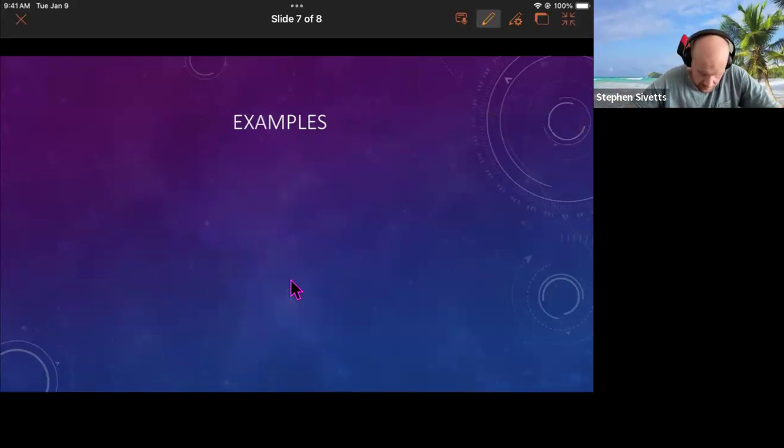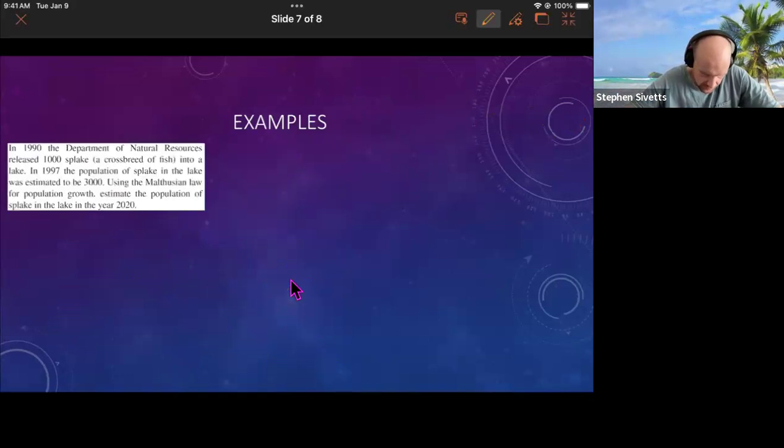So here's another example. I want you to try this out on your own, but in 1990, the Department of Natural Resources released 1,000 splake, a crossbreed of a fish, into a lake, right?